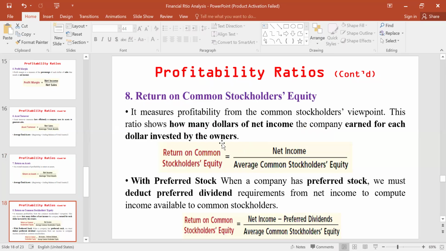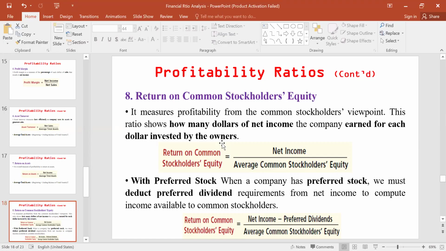And another, return on common stock equity, that means ROE, return on equity. Sometimes we call it ROE. It measures the profitability from the common stockholder viewpoint. This ratio shows how many dollars of net income the company earned for each dollar invested by the owner.